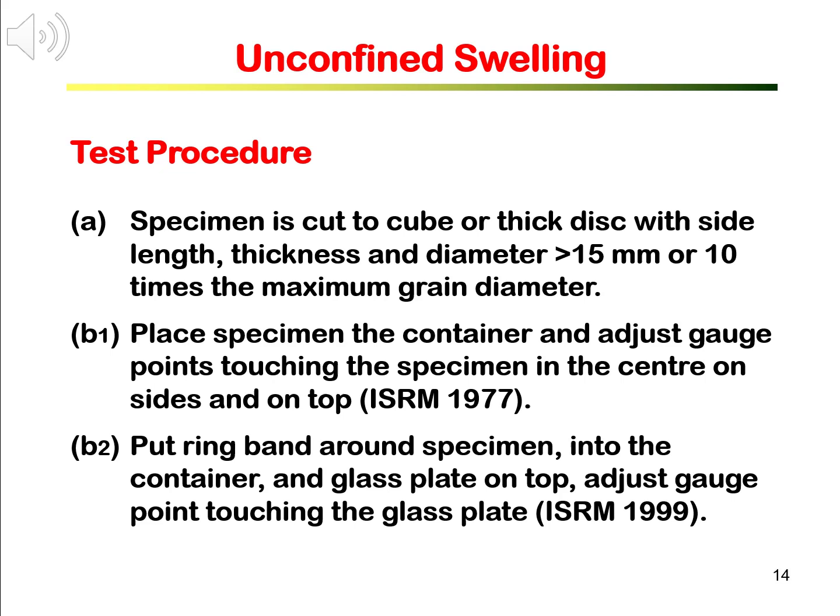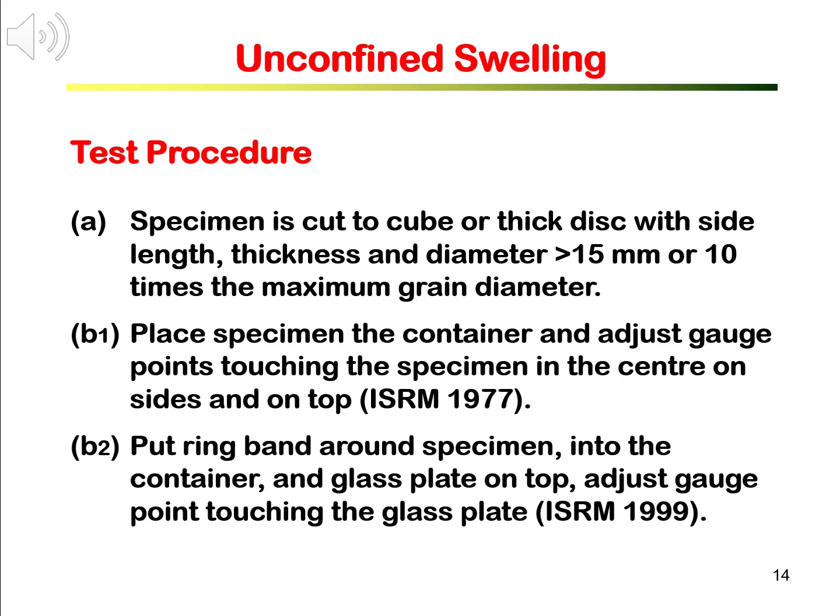If you have the apparatus suggested by the ISRM in 1999, you first put the flexible ring assembly along the specimen circumference. The flexible ring consists of an elastic rubber band and a flexible steel band with calibrated displacement measurements to 0.1 mm accuracy.